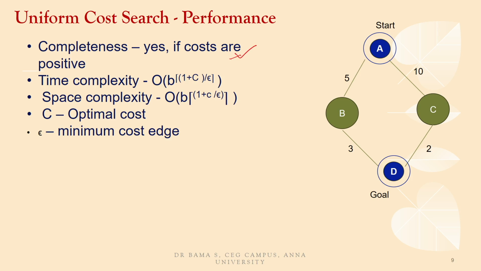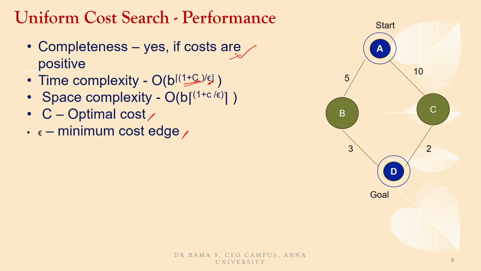Time complexity is going to be 1 plus C divided by epsilon, where C is the optimal cost and epsilon is the minimum cost edge. This approximately gives the depth that is going to be traversed from start to the end, and that is the reason it is 1 plus C divided by epsilon.